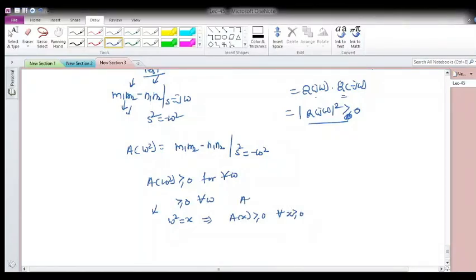This a of x is m1 m2 minus n1 n2, where I am evaluating s square equal to minus x. Omega square has simply been replaced by x to have a simplified form. This is what we have to test for the function to be positive real.